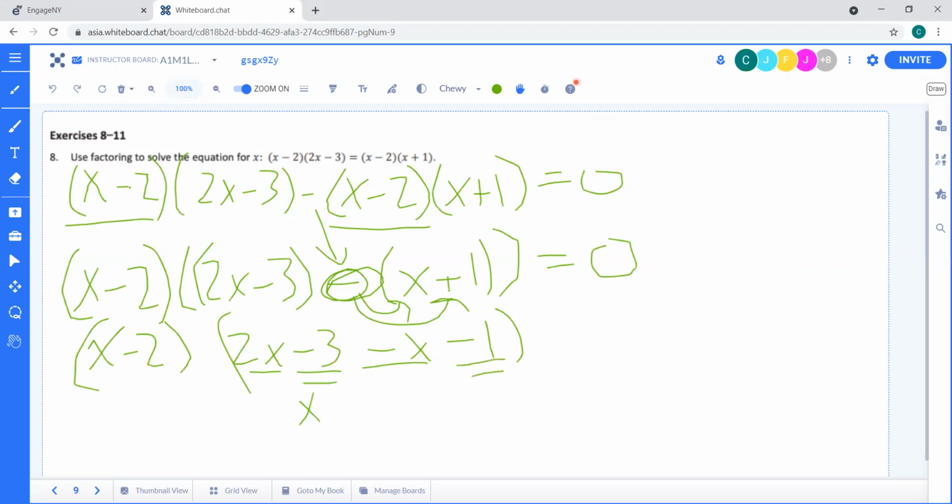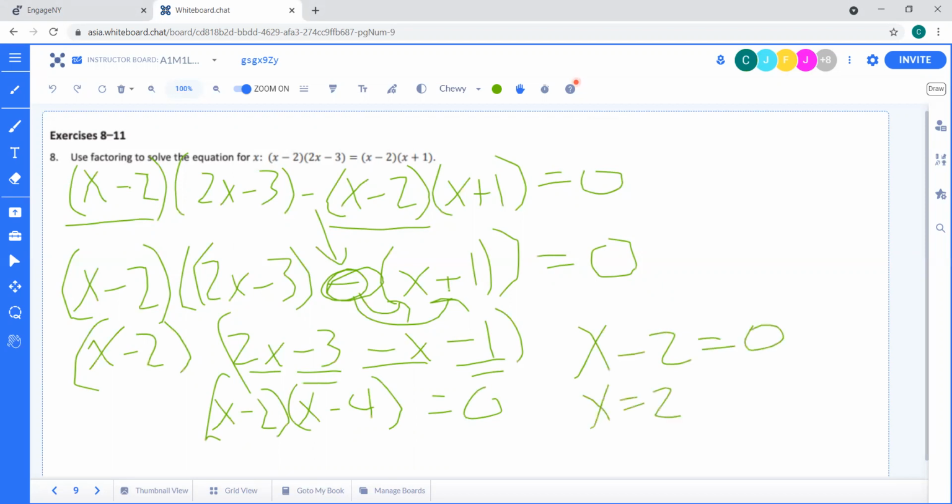Negative 3 negative 1 is negative 4. So now I have x minus 2 times x minus 4 equal to 0. And I set both of those equal to 0. X equals 2. X equals 4. There's my answers.